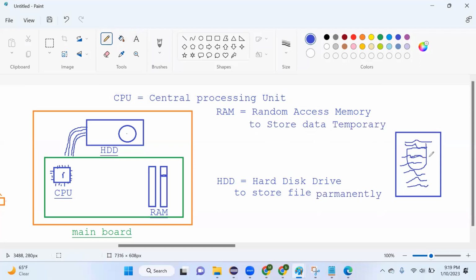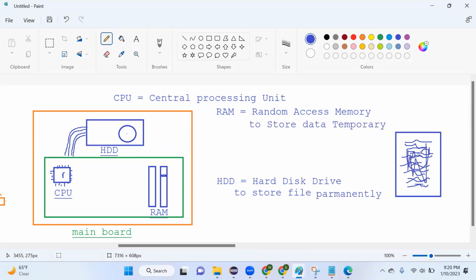When I write the Microsoft Word file, I can see all those writings on my screen, but once the computer power is gone, and it shuts down by accident, then all your writing will go out.